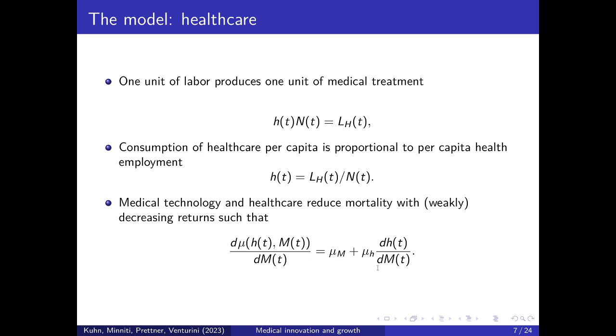But at the same time, medical progress induces healthcare spending, and this healthcare spending in turn also reduces mortality. However, with weakly decreasing returns, it's reasonable that getting a reduction in mortality becomes increasingly hard the higher life expectancy already is.